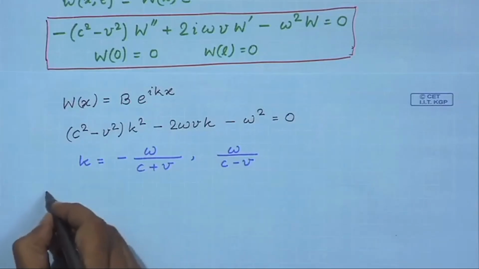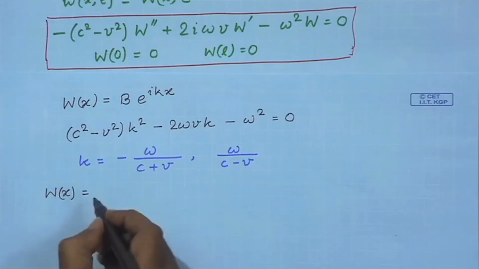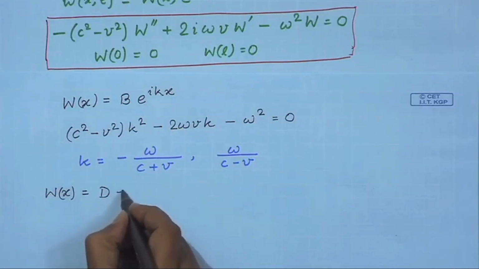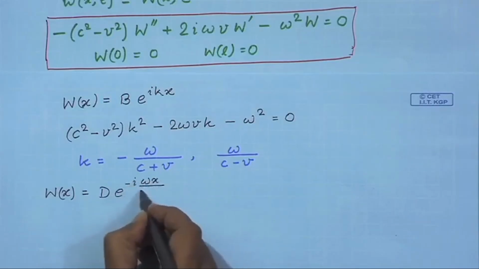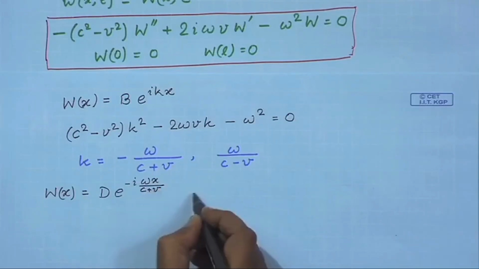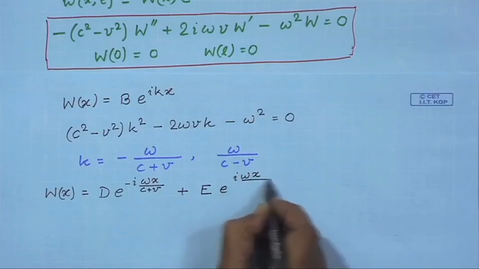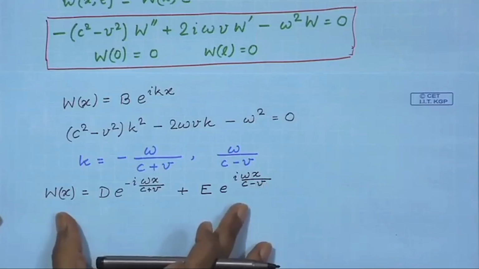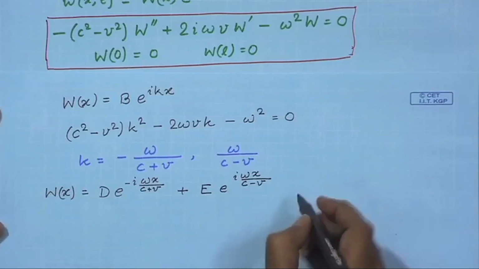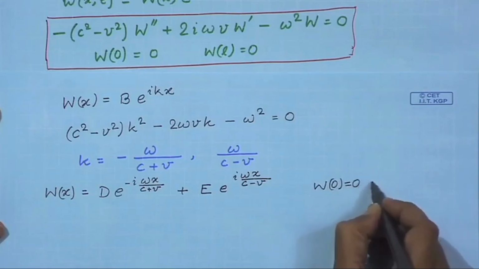So, therefore, our general solution of the eigenfunction may be written in this form. So, this is the general solution of the eigenfunction, and this must satisfy these two boundary conditions.